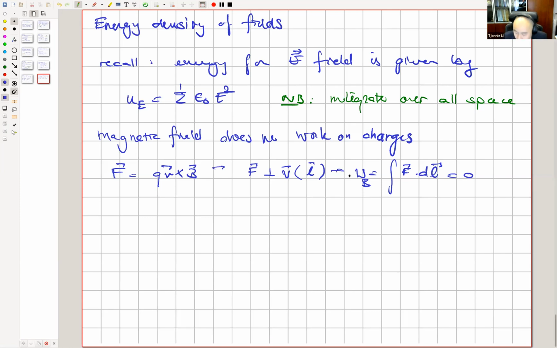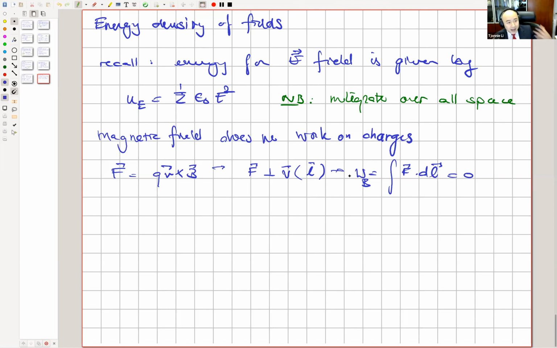So it would have been very difficult for me to consider the energy density of the magnetic field, because in the analysis I couldn't just bring some charges over and then consider this.